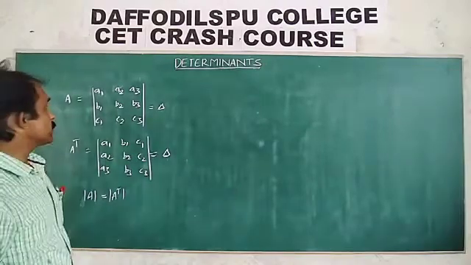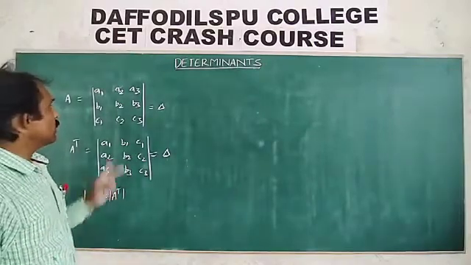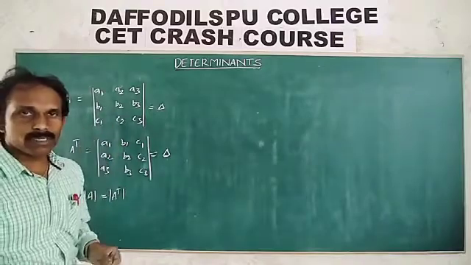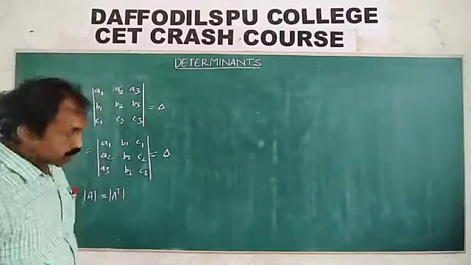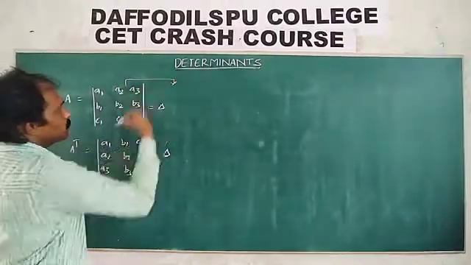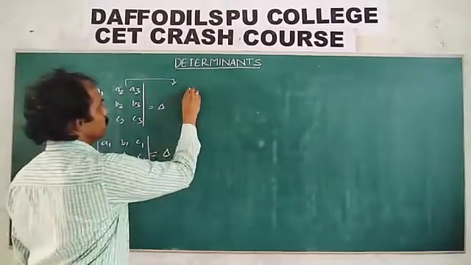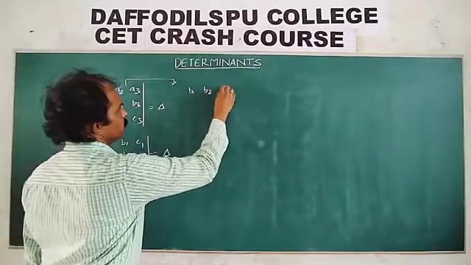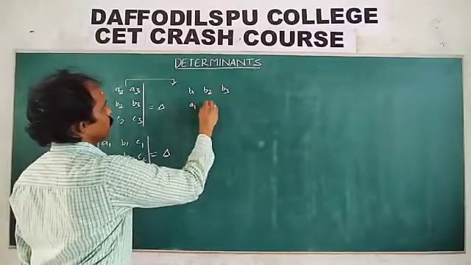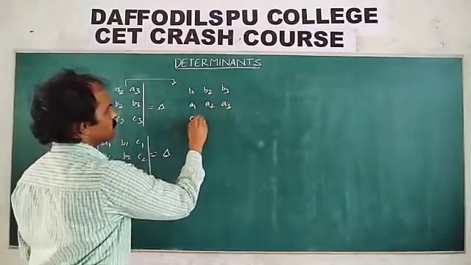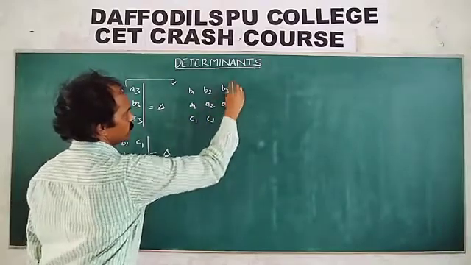Next, if any two rows or two columns are interchanged, say we get B1, B2, B3; A1, A2, A3; C1, C2, C3.